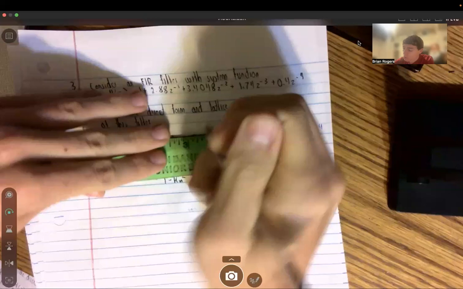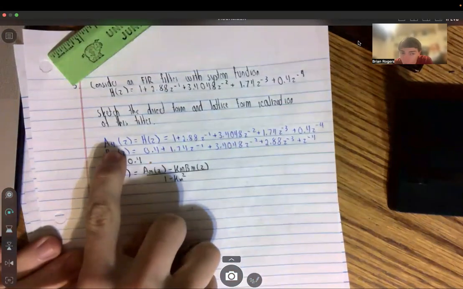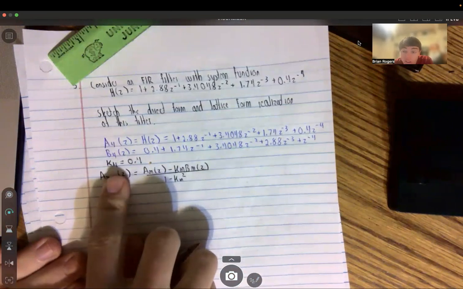Okay, so what we have here is our A4. We need to determine the next one, which is A3. We're going to be going downwards.